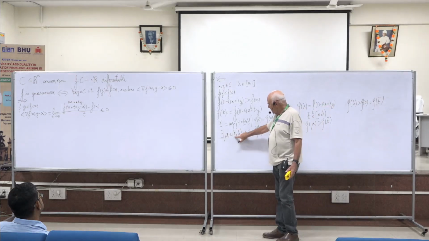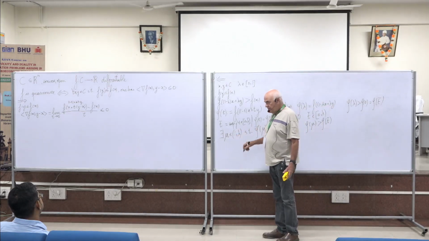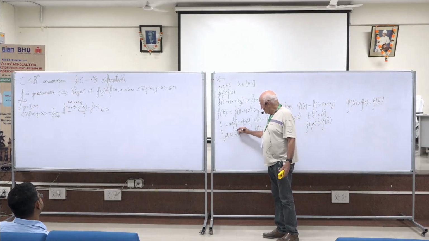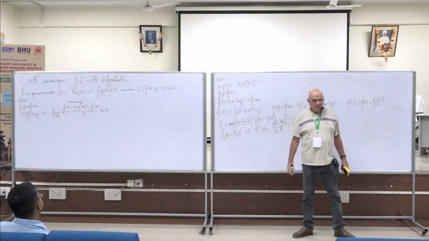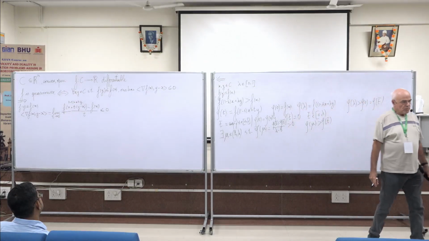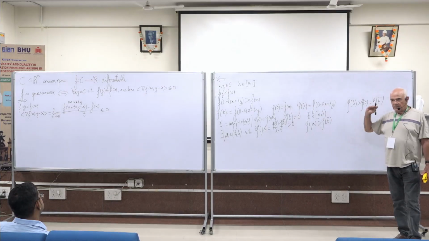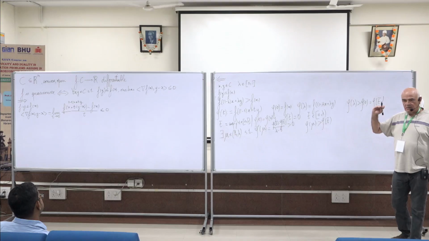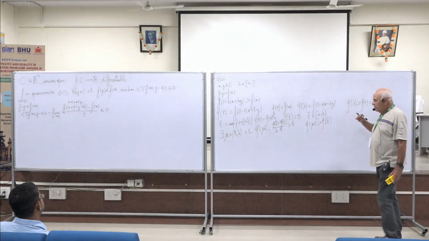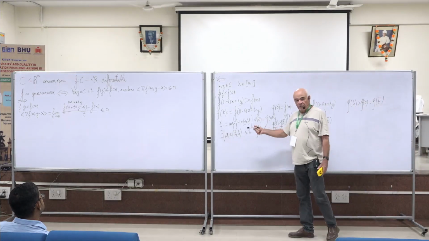Sorry, I said I am applying the mean value theorem to this interval, not to the zero lambda interval. So mu is strictly larger than t bar, and t bar was the largest number where phi vanished.